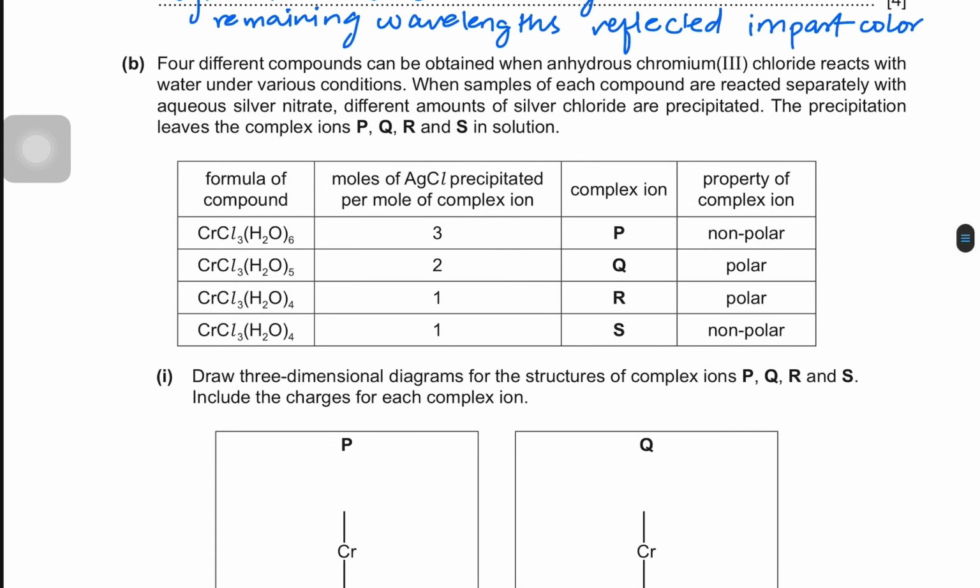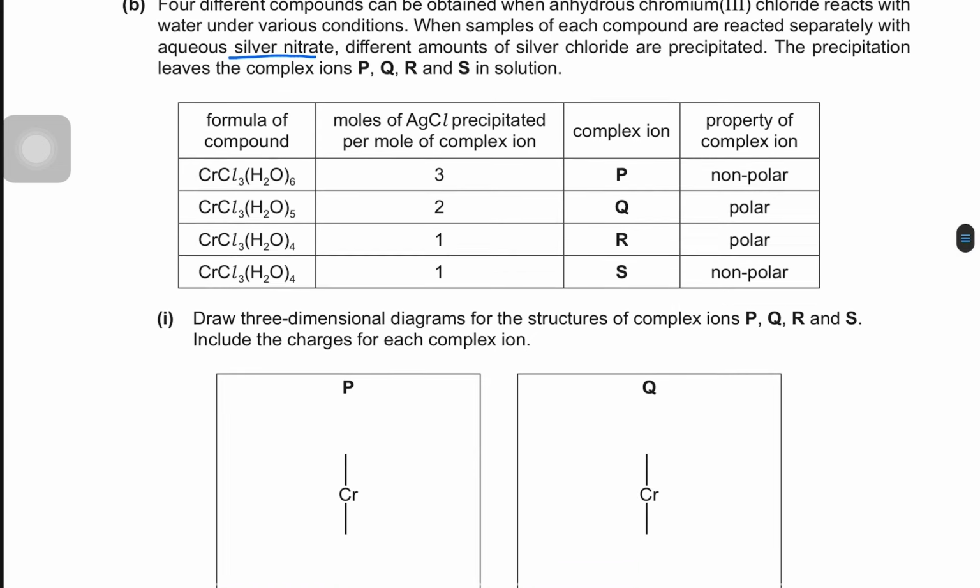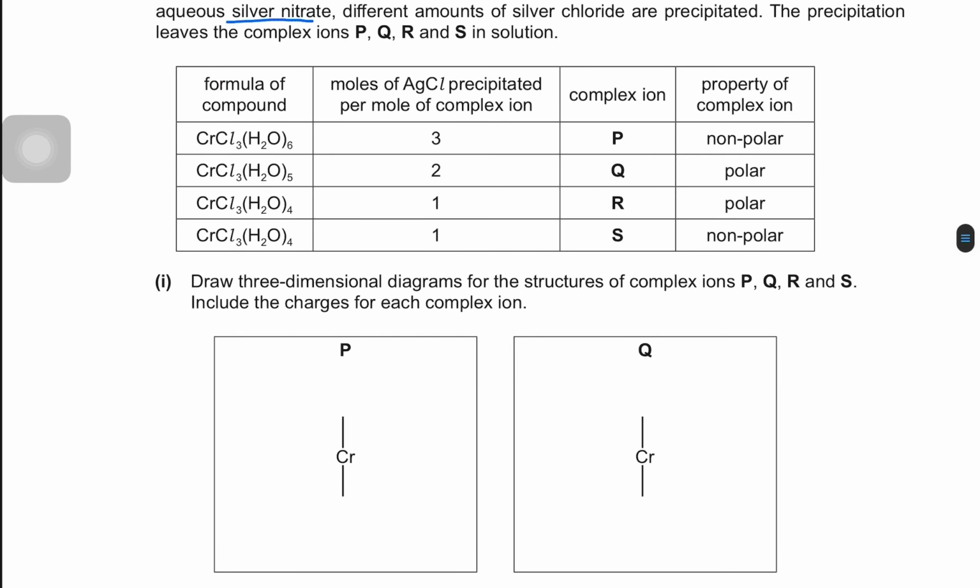Four different compounds can be obtained when anhydrous chromium(III) chloride reacts with water under various conditions. So just look at the table first, and you're reacting with silver nitrate to form a precipitate. Now this concept is very important for us. You can see that in each formula of the compound, there are so many chloride and so many water ligands.